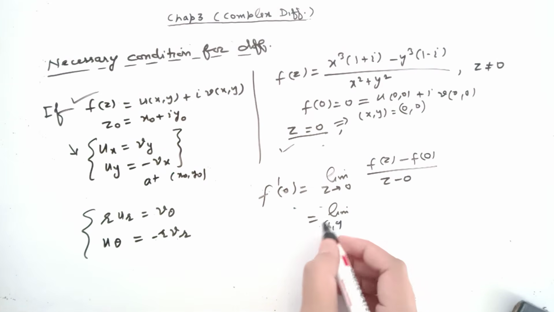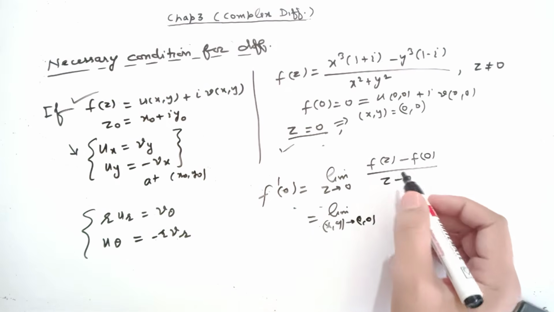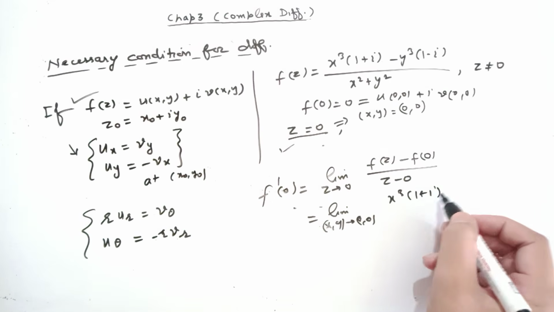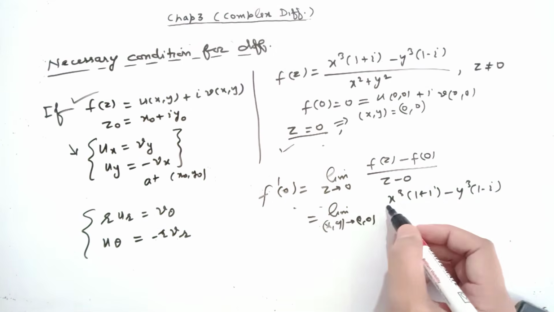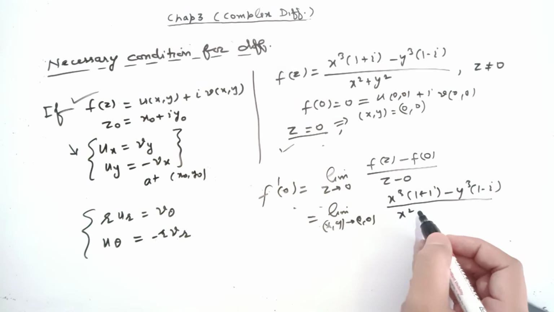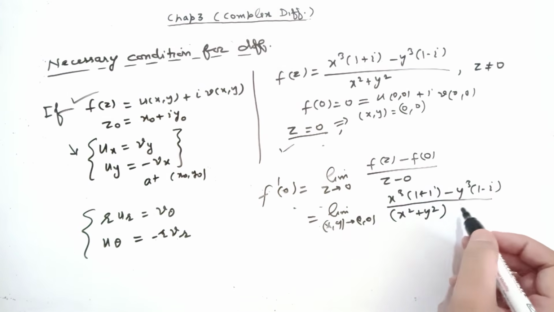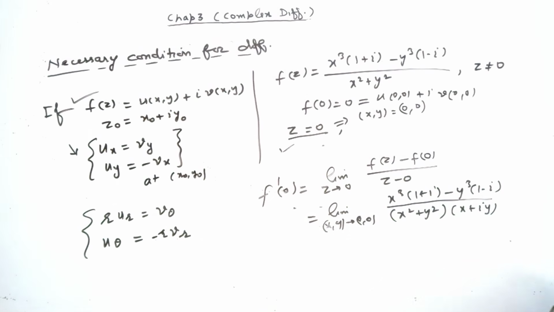So this goes here, you can write (x,y) going to (0,0). f(z) means this whole expression: x cube into (1 plus iota) minus y cube into (1 minus iota), divided by x square plus y square, and into z also, so (x plus iota y). f(0) is 0 already.